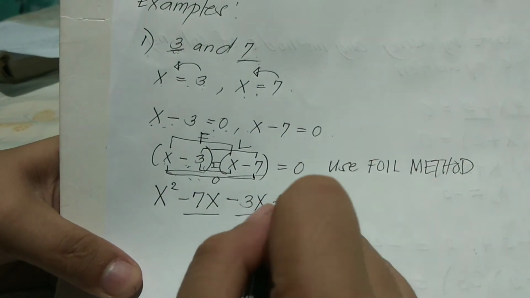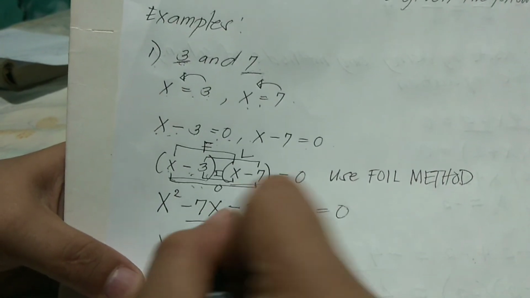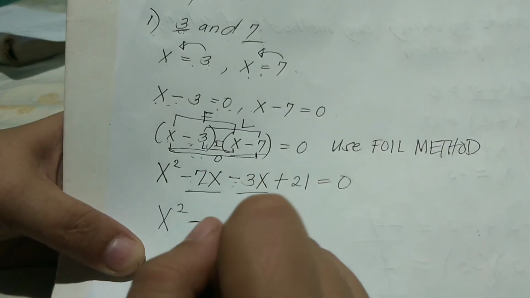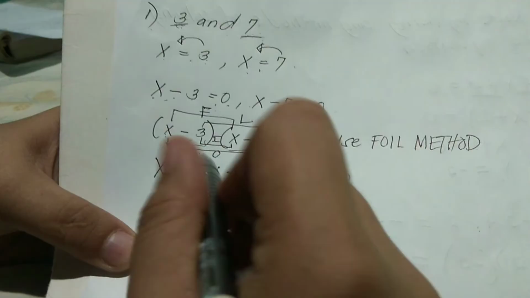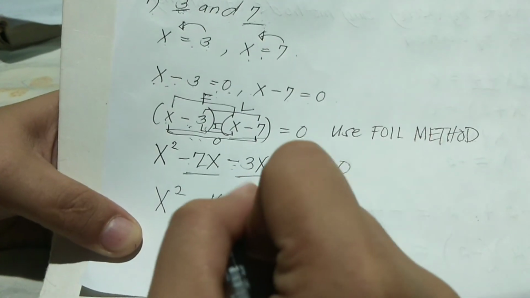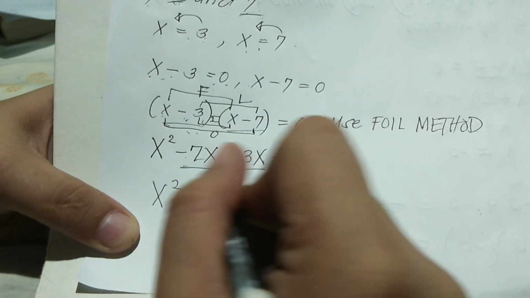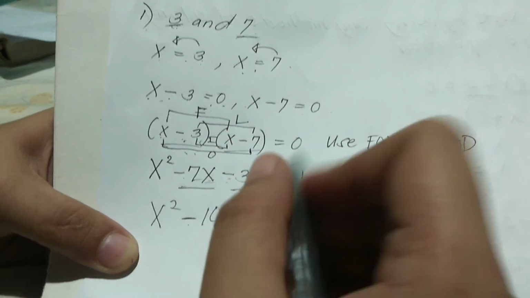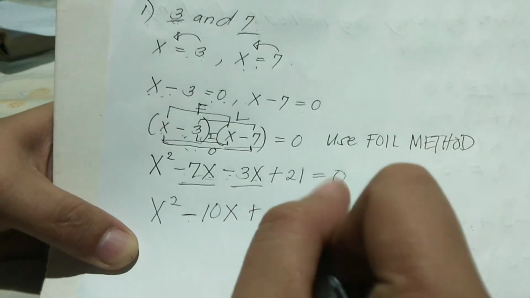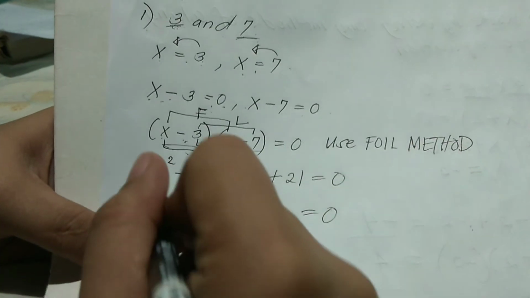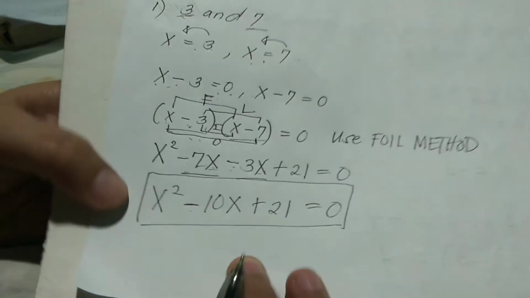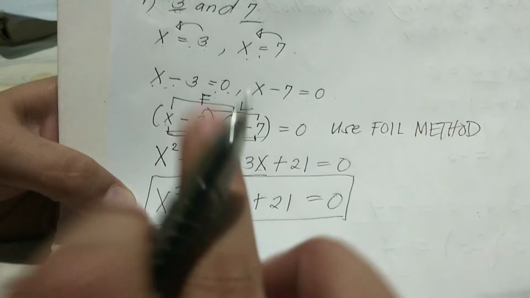Then, combine like terms. For x squared, both are negative, so add and follow their sign, which is negative. 7 plus 3 is 10x. Copy the same variable. Plus 21 is equal to 0. So, this is the answer. That is the quadratic equation.